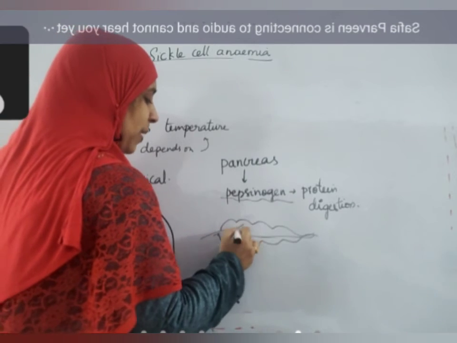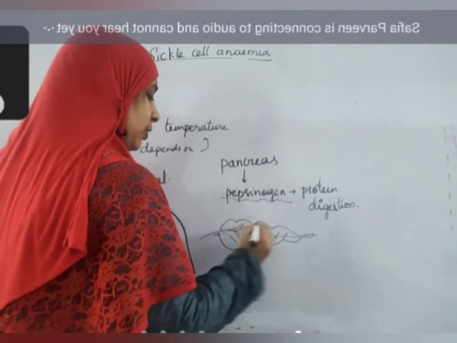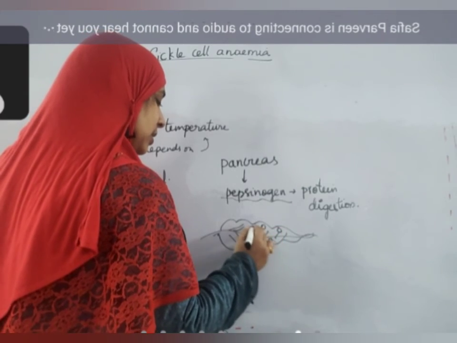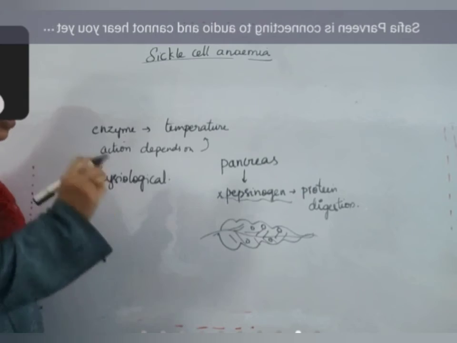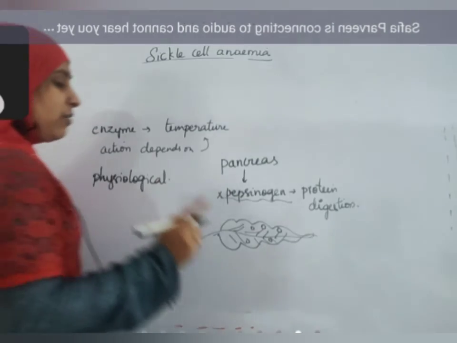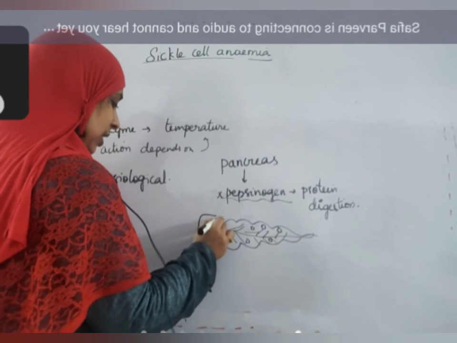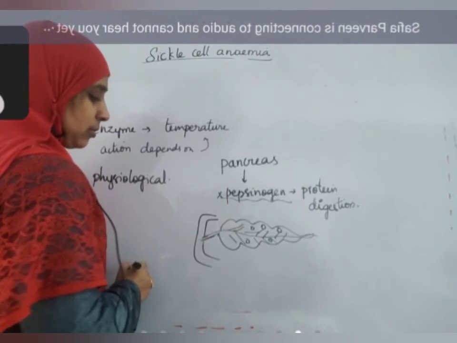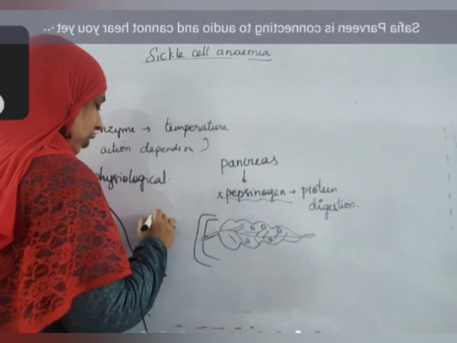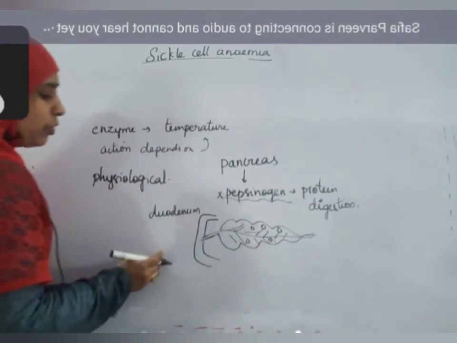Once the cells of the pancreas are completely loaded and a sufficient amount of pepsinogen is present inside, it will stop the production of pepsinogen. Why? Already it is present. Then the pancreatic juice is released into the digestive system at a location called the duodenum of the small intestine.